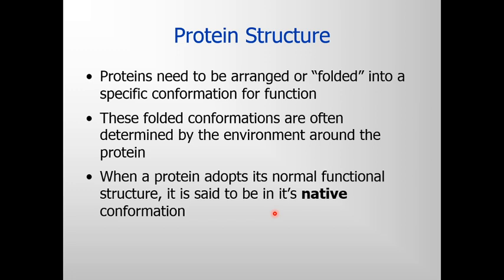For example, a protein of your choice, when it functions the way it is expected to function, it is said to be in a native conformation. If it deviates from its function, it means that there is something wrong with its structure. So structure and function of a protein is closely related.